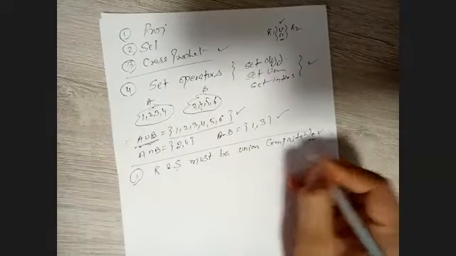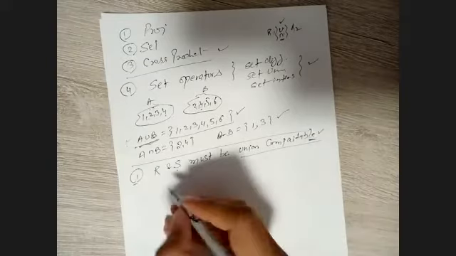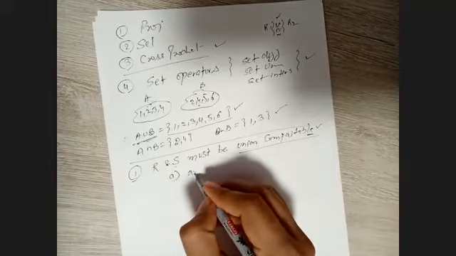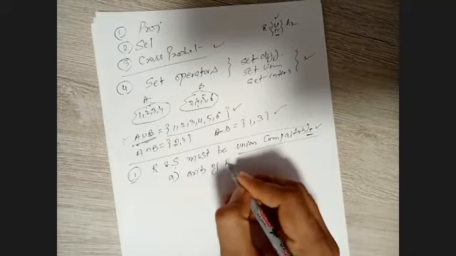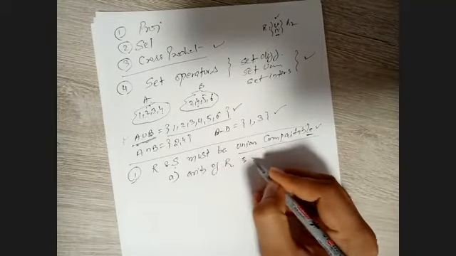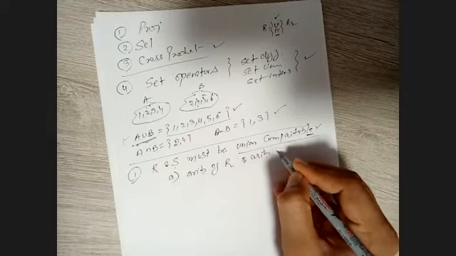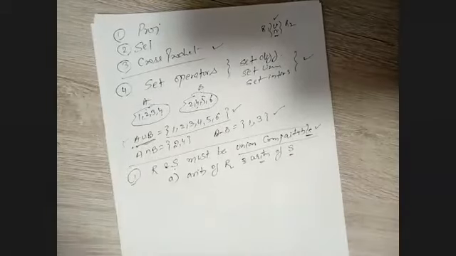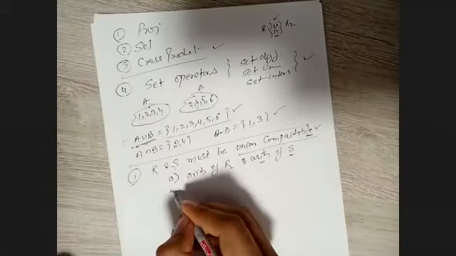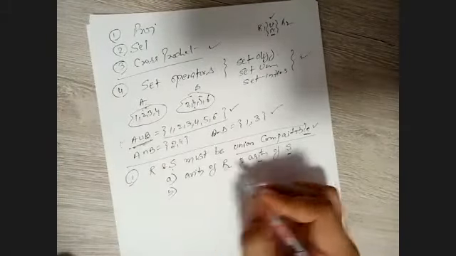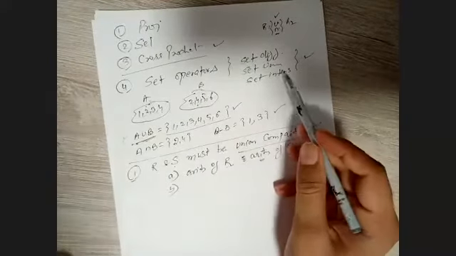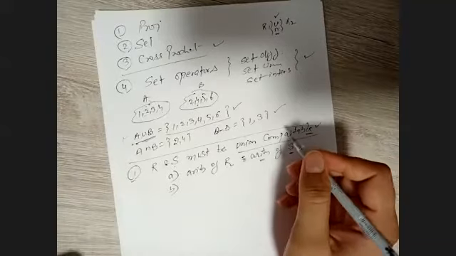What is the meaning of union compatible? Understand the first part here. When we talk about union compatible, arity of R must be equal to arity of S. Probably you know what arity means. Arity means number of attributes, number of columns, right? For both R and S, arity must be the same. Only then can you perform either union, set difference, or intersection, right?